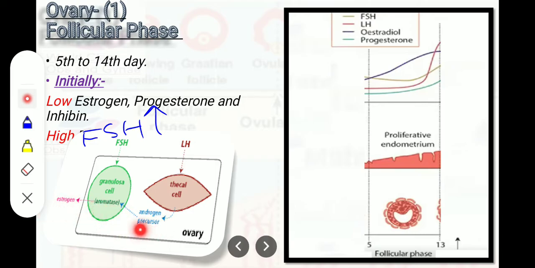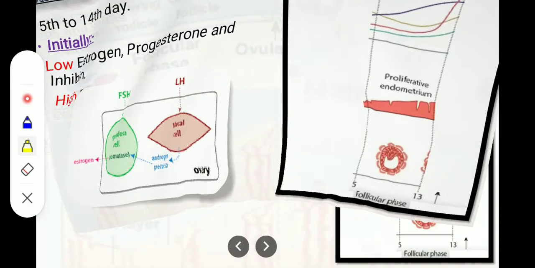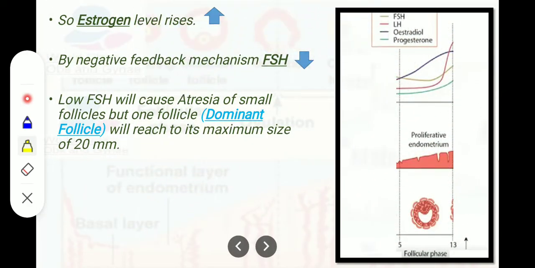So as a result of these changes due to FSH and a little bit by LH, the estrogen level rises. You can see from the chart that estrogen increases a little bit.